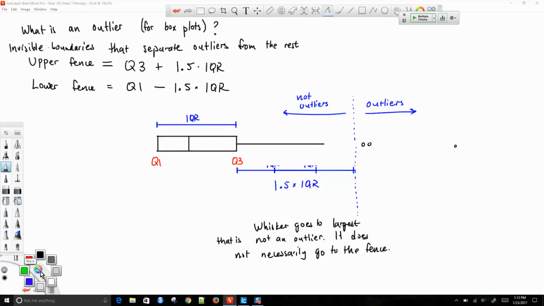And then you apply the same thinking down on the lower end. Okay, we say if this is 1.5 times the IQR, I go down this distance below. Okay, and then over here, down over here, this is my lower fence. Okay.